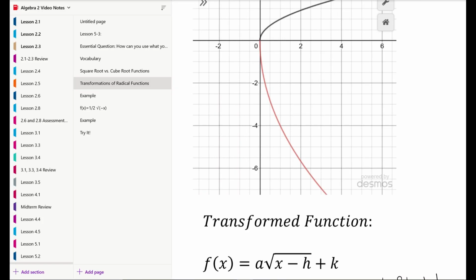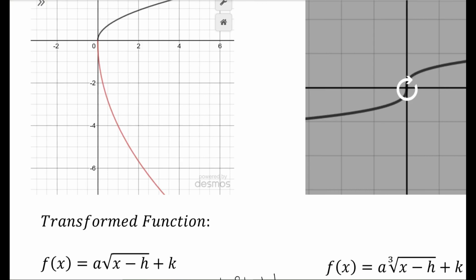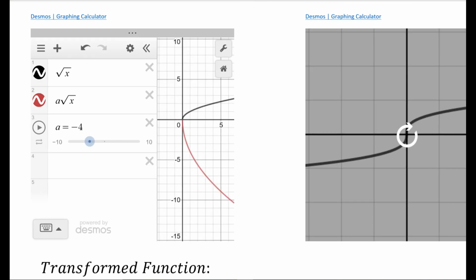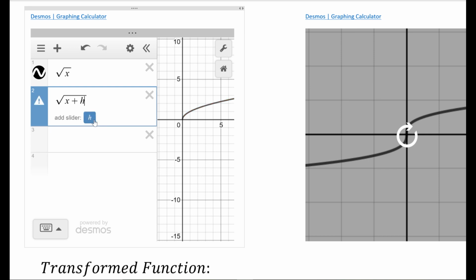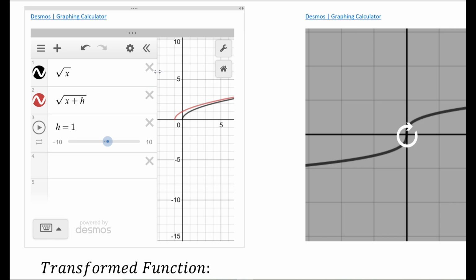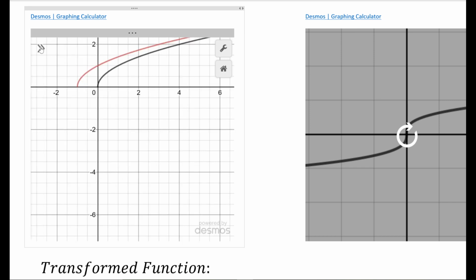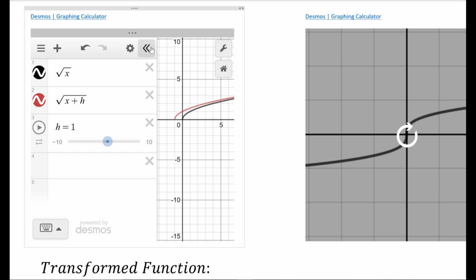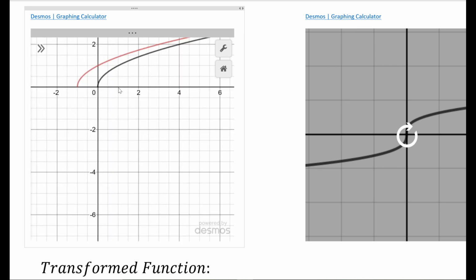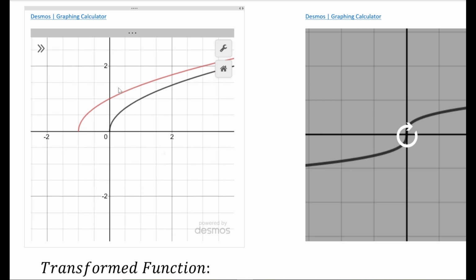All right, so let's go ahead and take a look at the function. Now, instead of having an A here, we're going to change this. And we're going to add an H there. Okay, so notice what happens if H is 1. If H is 1, then looks like the graph has been shifted over to the left by 1.